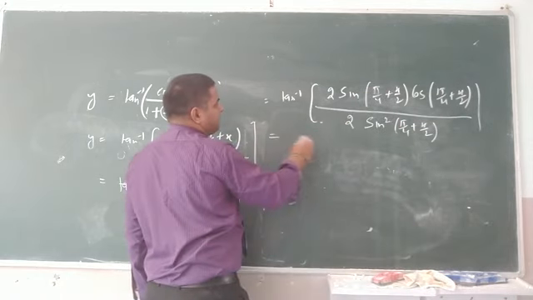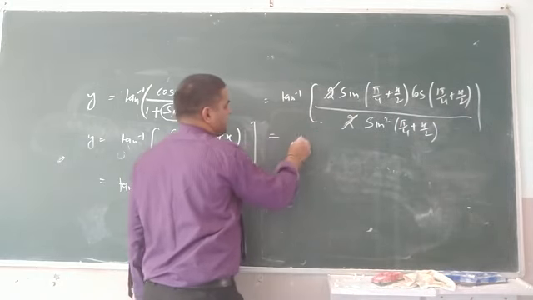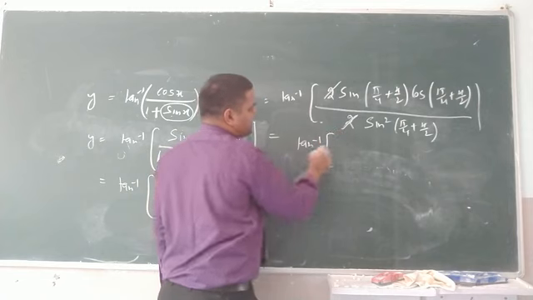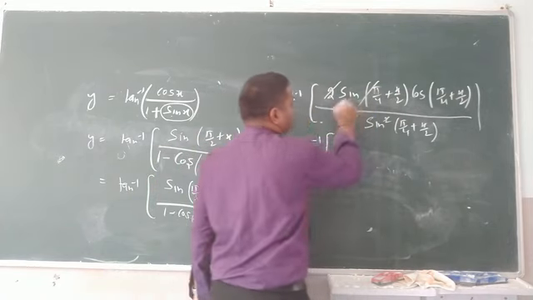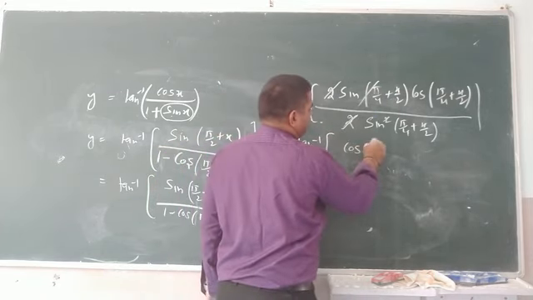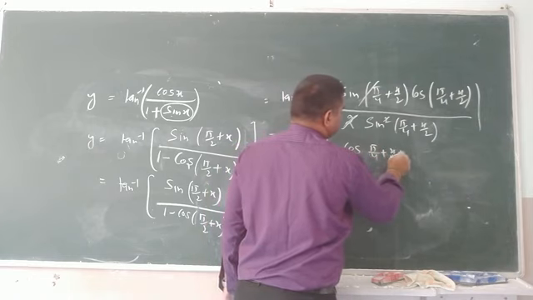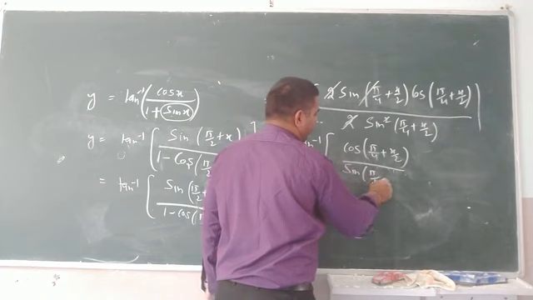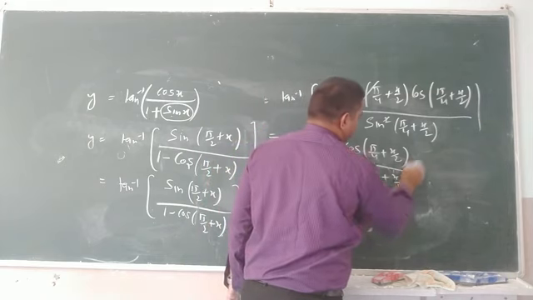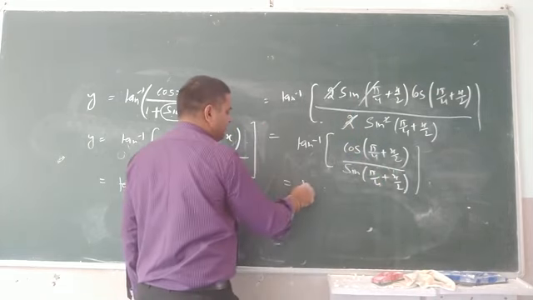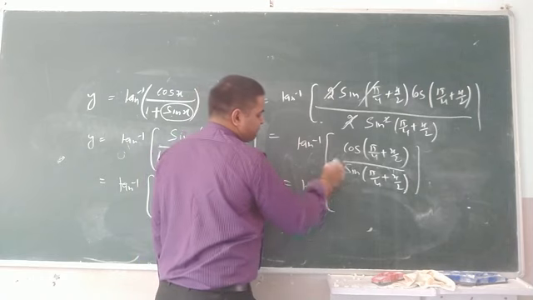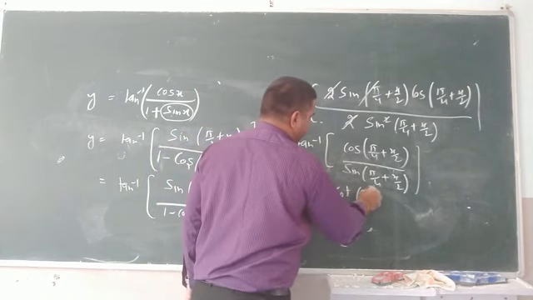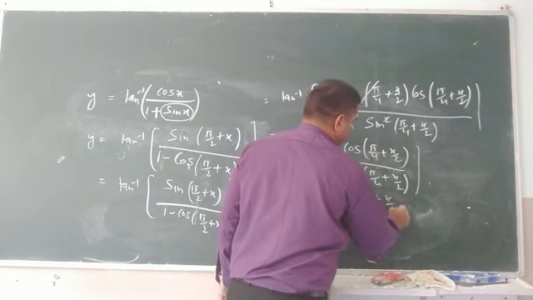Now, 2 cancels. We get tan inverse, 1 sin cancels, cos of pi by 4 plus x by 2 divided by sin of pi by 4 plus x by 2. So it is equal to tan inverse cot of pi by 4 plus x by 2.